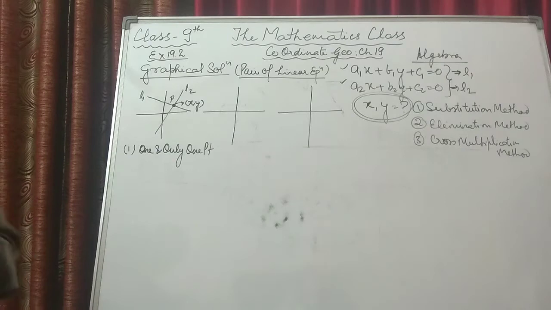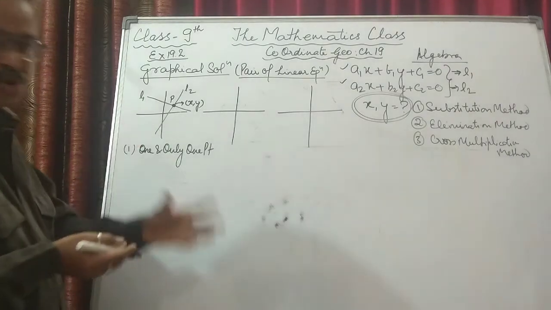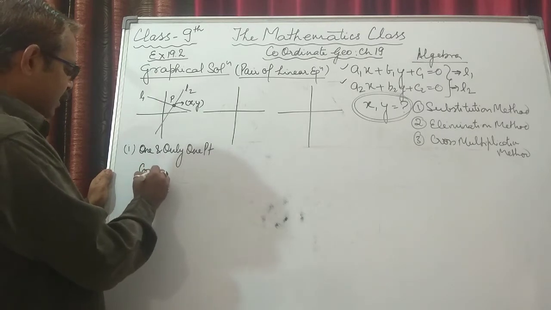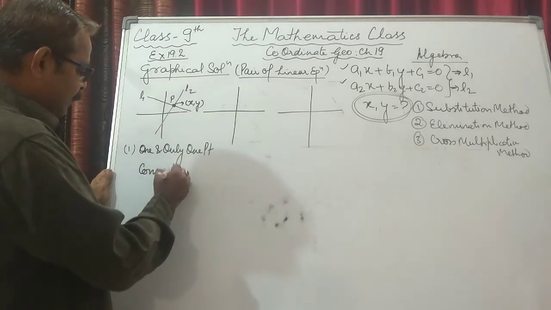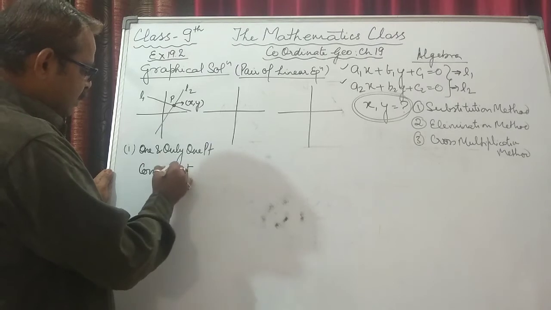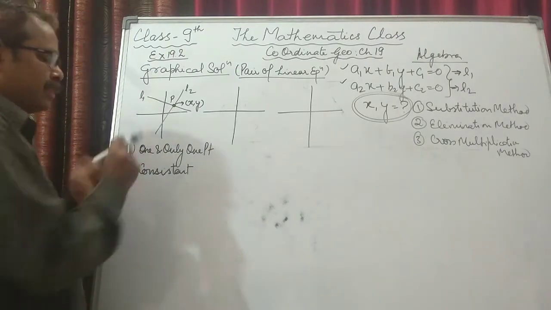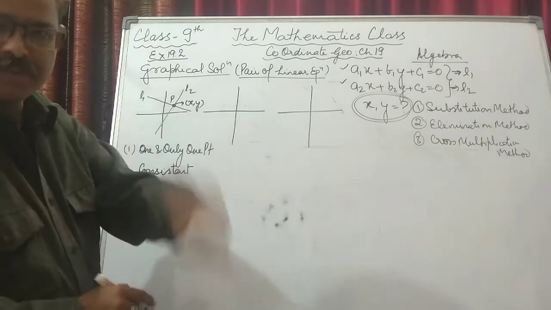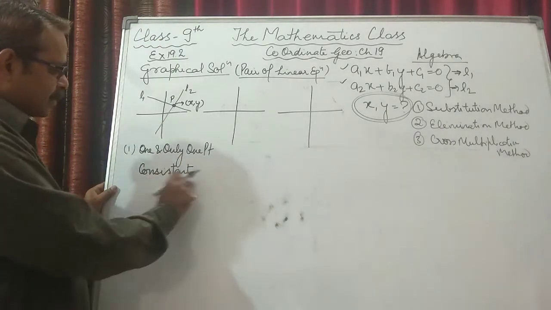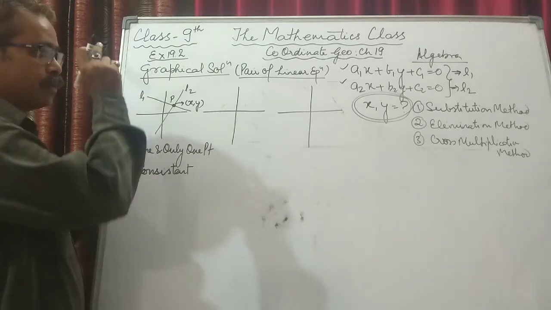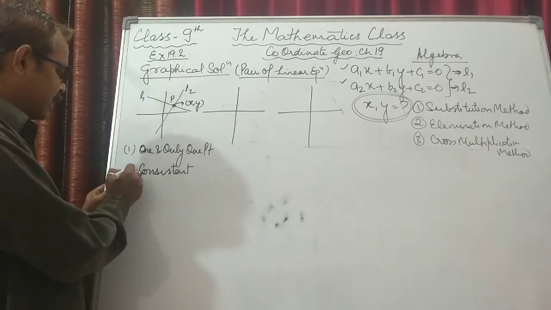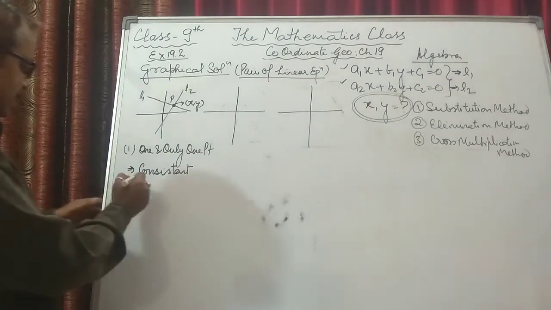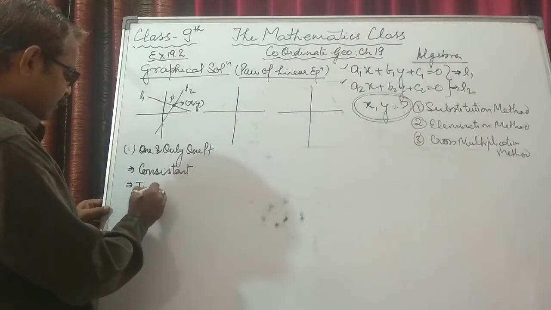And then we say that the solution of these lines is consistent. We use the word consistent when two lines intersect each other at one and only one point. Then we say that the solution of these two equations is consistent, and we can say consistent and independent.